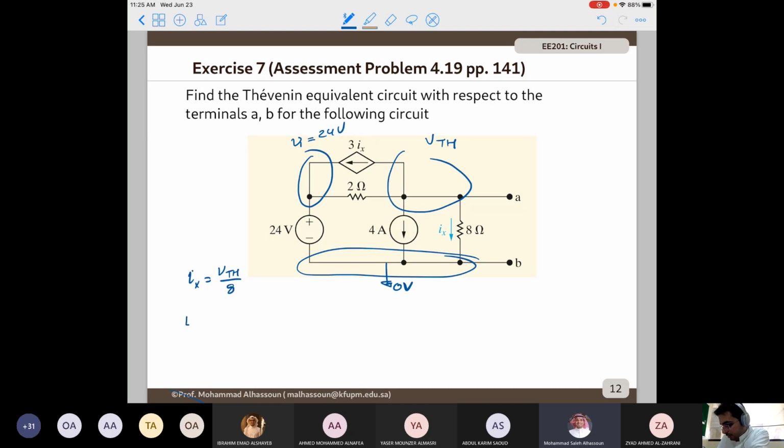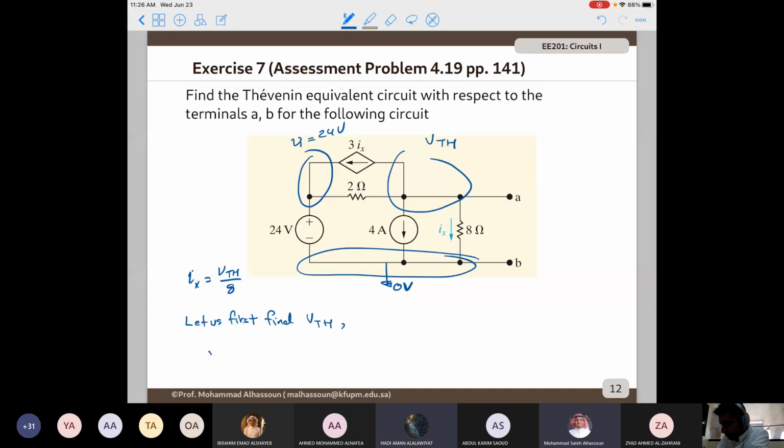Okay, we know V Thevenin, so we have only one node voltage.